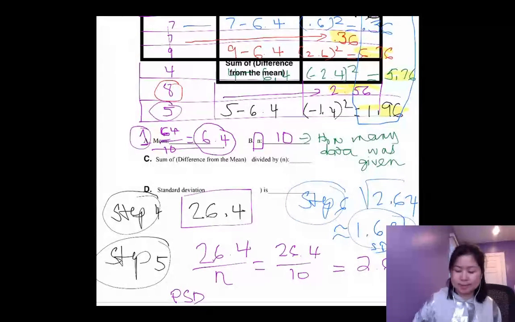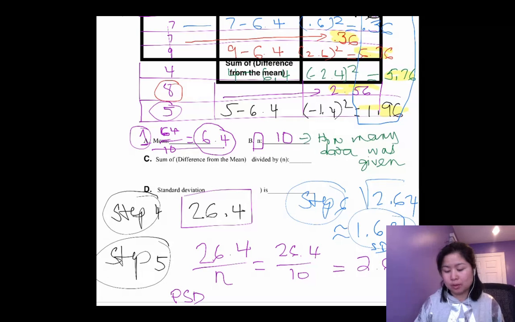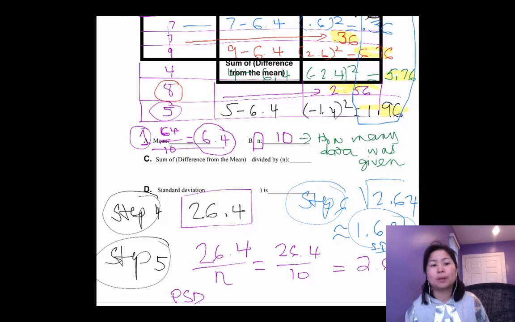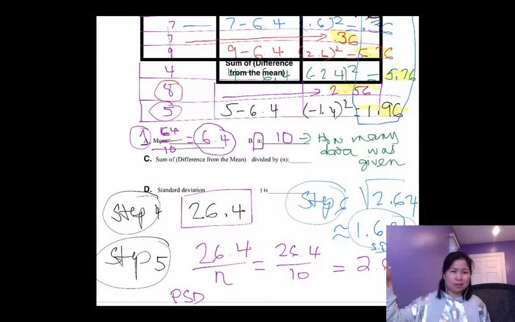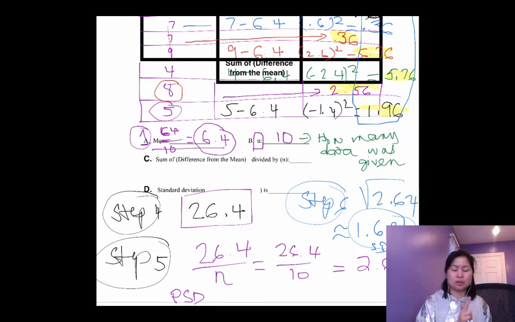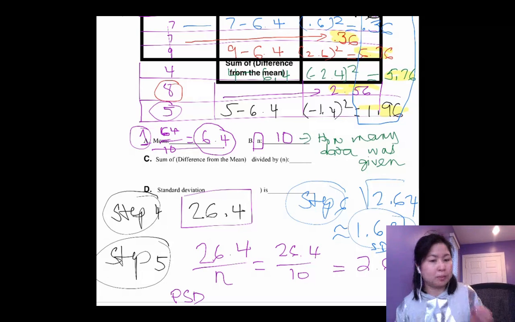I got 2.64, and to get to step 6, I took the square root of it. And then for the summative, I want you to round to 2 decimal places, okay? What happens on the summative is when you square or you subtract, you end up with a lengthy number. Just round to 2 decimals, okay? 2 decimal places. That's what you want to remember for the summative.